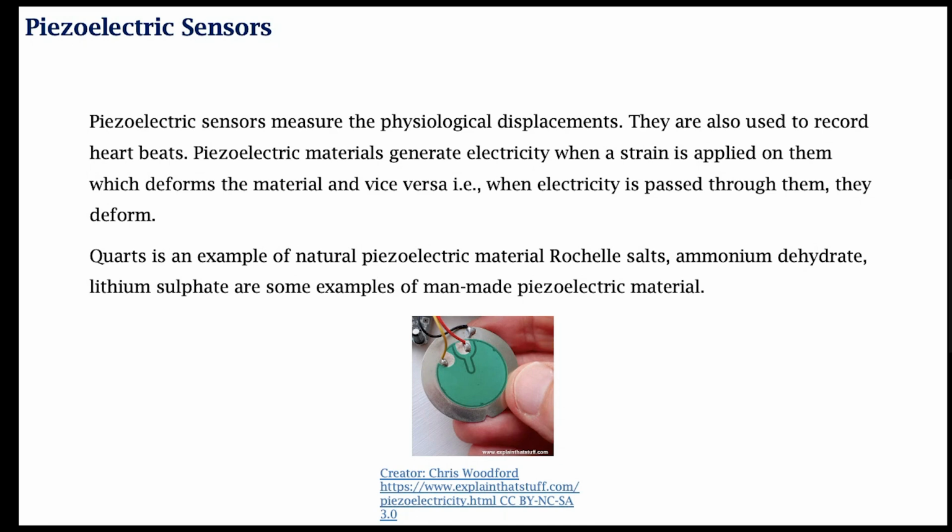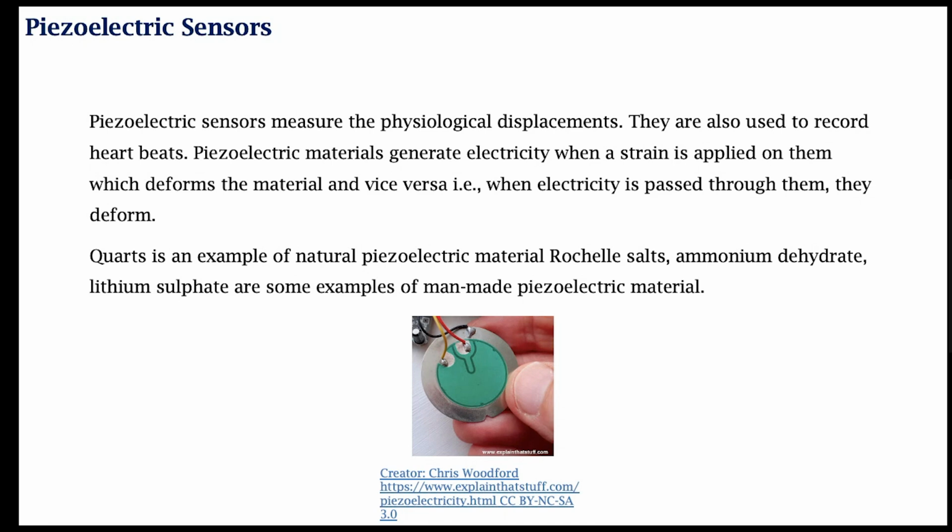These are some of the physiological parameters that can be measured using piezoelectric sensors. Because they will also generate electricity when placed near the chest, they can be used to record or detect heartbeats, for example. So these special materials are used for this purpose. What are the various measurements? Force, pressure, vibration, heartbeats, etc.